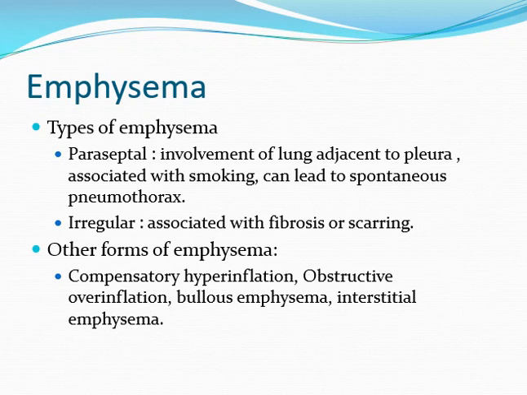And other than the types of emphysema, we can also find different forms of emphysema. So compensatory hyperinflation: what happens in this case is that whenever a person undergoes lung resection, to compensate for the part of the lung resected, the remaining part of the lung undergoes hyperinflation. This is compensatory hyperinflation. Another is obstructive overinflation.